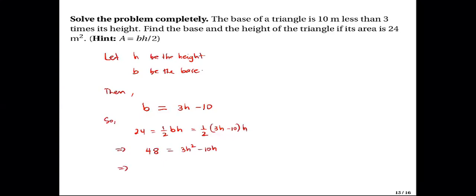So in here, we have 3h squared minus 10h minus 48 equals 0. So we bring this to the other side of the equation, it becomes minus. And then we use symmetric property. So that will bring 0 to the right-hand side.